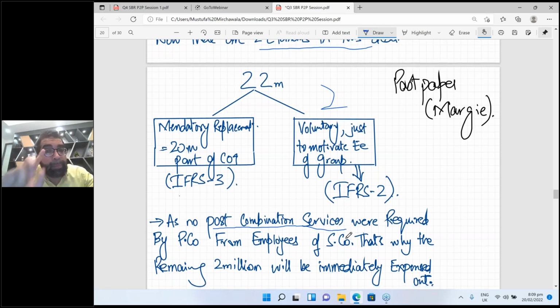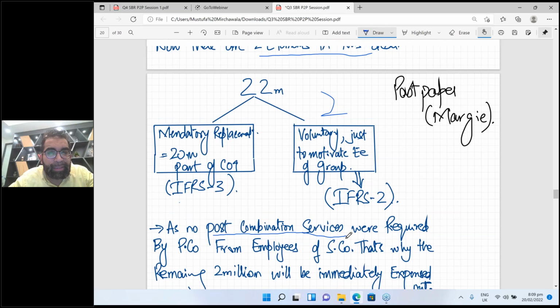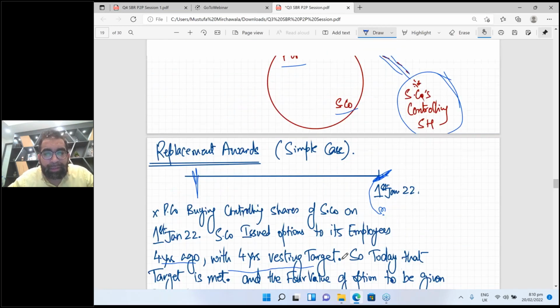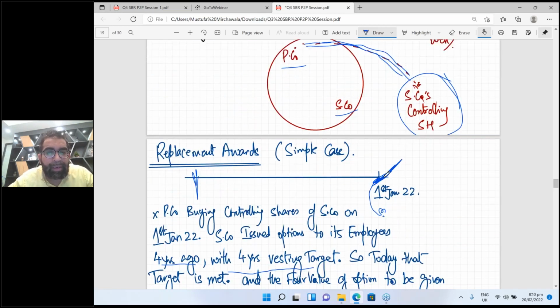This is not Leuploid. Leuploid was more technical, because in this case I made something very simple: these 4 years are completed here. Now, as a student, you may ask, sir, what if these 4 years have not yet completed at the acquisition date?